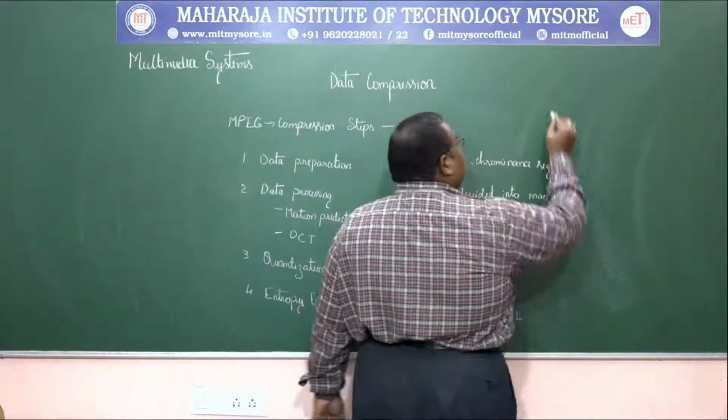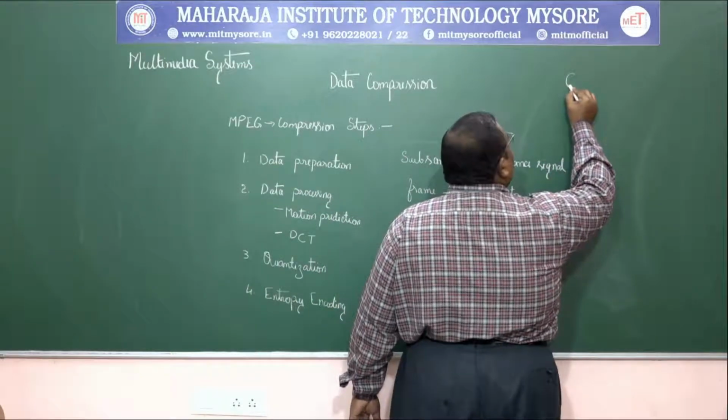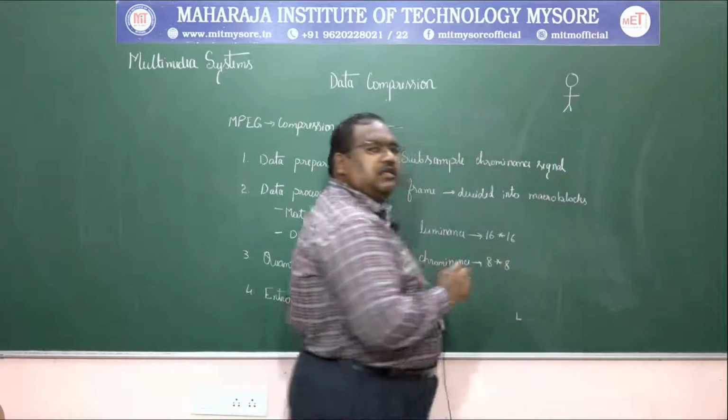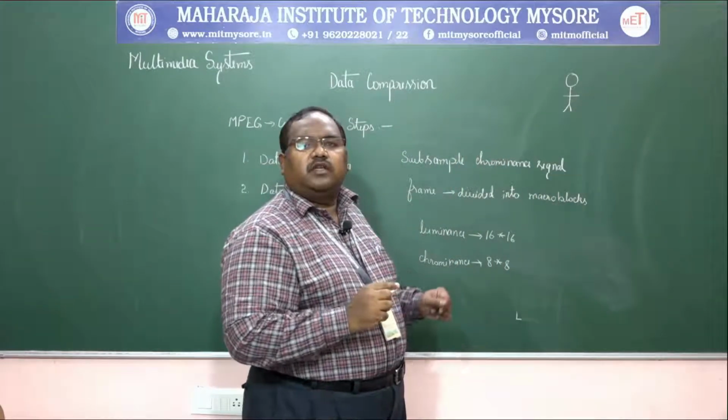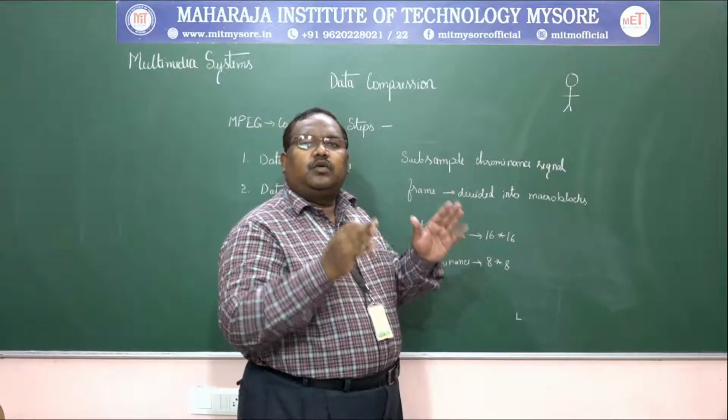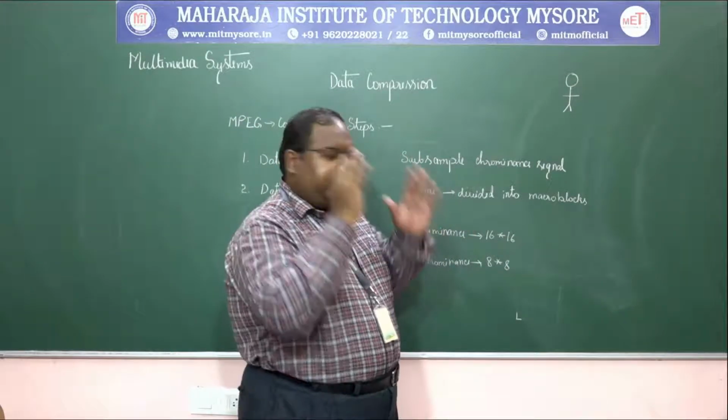Suppose, let us consider this as an image, a person. So let us consider this stickman itself. This frame is totally divided into 8 cross 8 matrix.